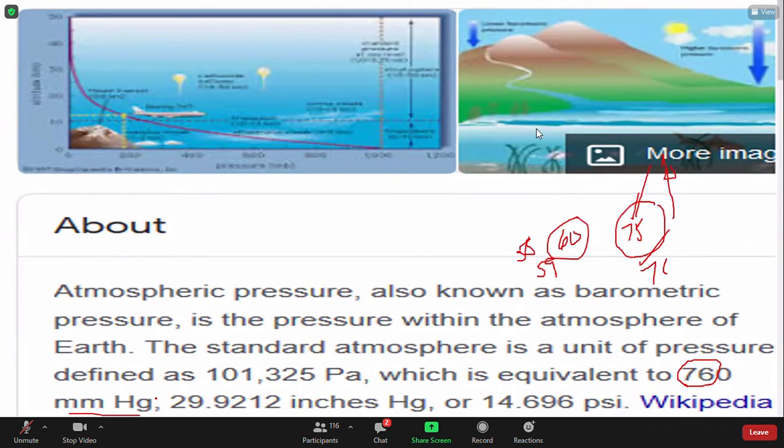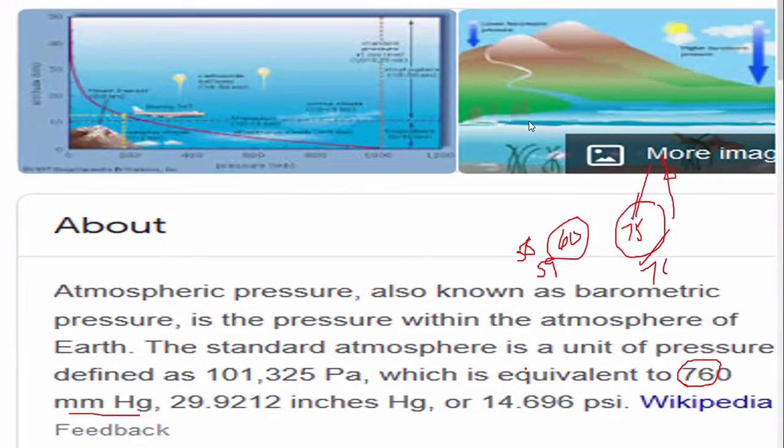760 millimeters mercury. The standard atmospheric pressure is equivalent to an atmosphere around the celestial body. Earth's atmosphere is composed of about 78% nitrogen and 21% oxygen.